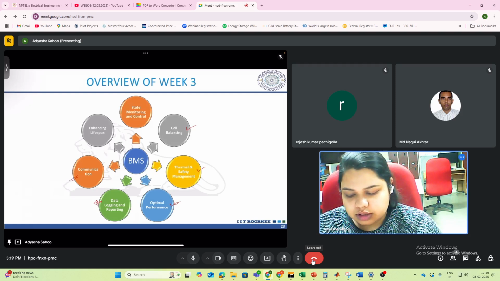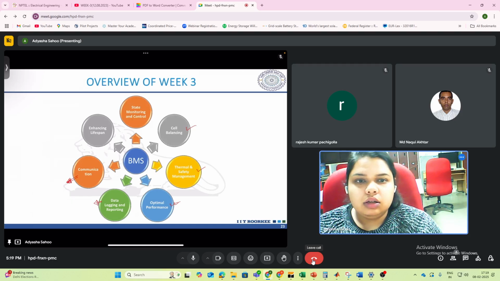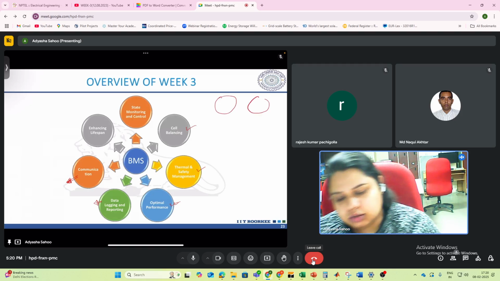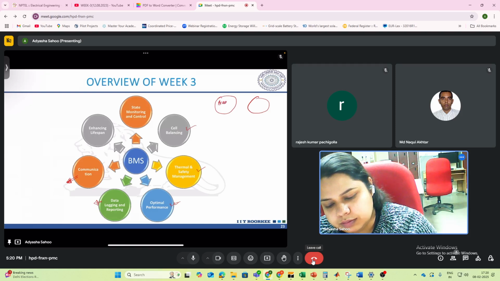Then communication systems. You can also install them within the battery so that you can communicate with other batteries to coordinate their charging and discharging. You can form a network connection. Basically, this is area one, this is area two.